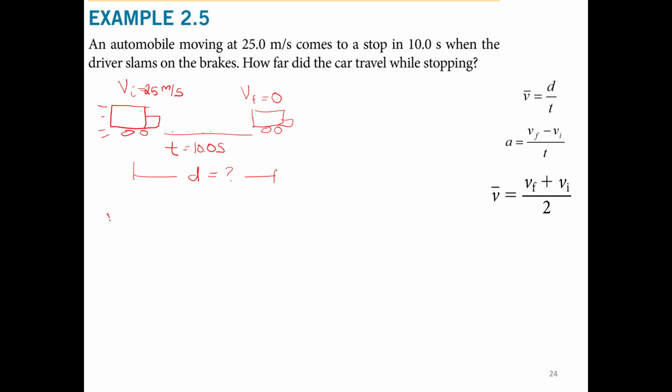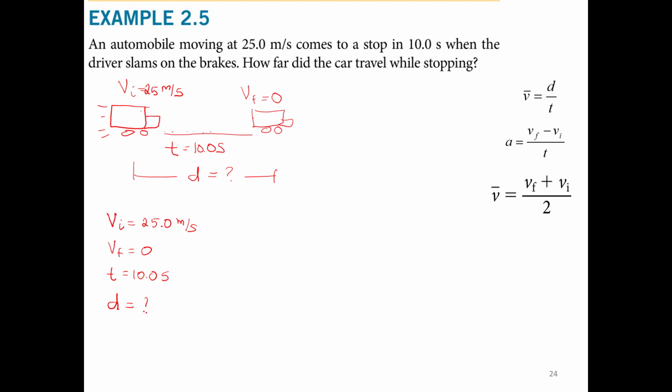We know the initial velocity, and let me write this one with the correct number of significant digits. The final velocity is 0, time is 10.0 seconds, and we need to calculate the distance.